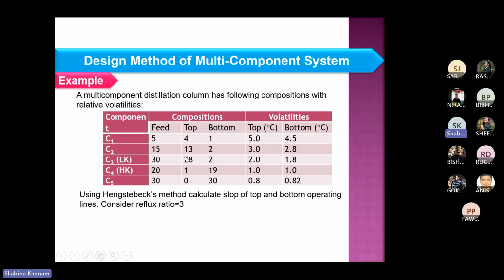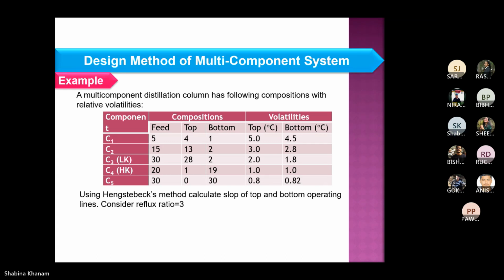Top and bottom temperatures are also given. So we need to first consider the average volatilities, and then, using Hengstebeck's method, calculate the slopes of the top and bottom operating lines, considering a reflux ratio of 3.